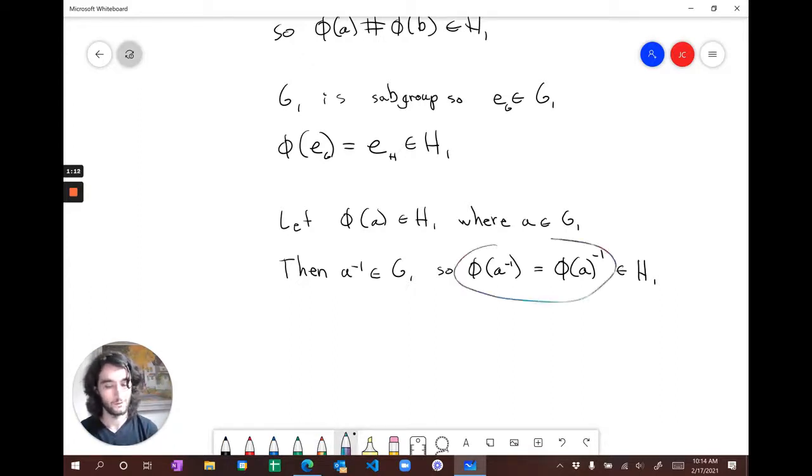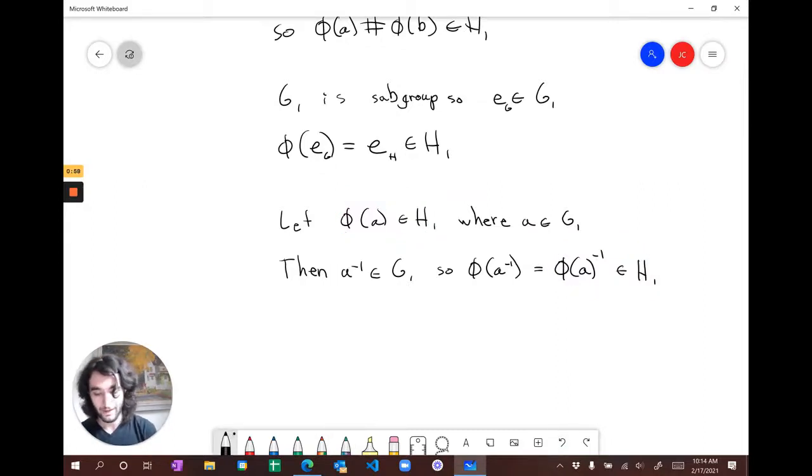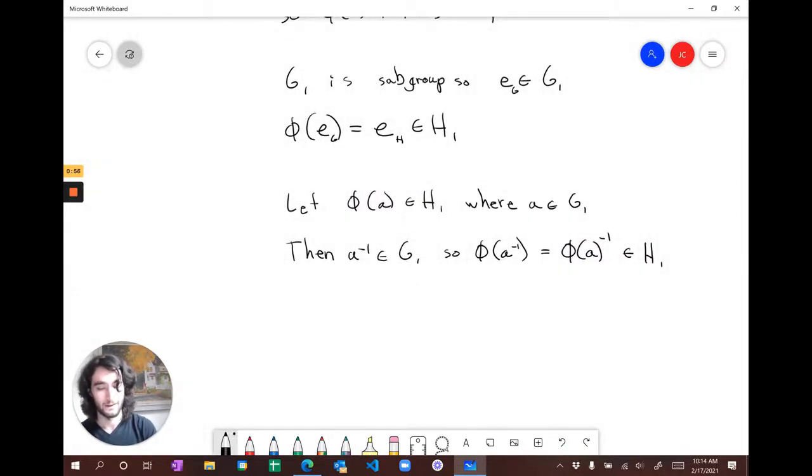That's part of being an isomorphism: inverses map to inverses. We started off with something in H1, and the inverse of that is also in H1. So we have shown that H1 is closed under multiplication, it contains the identity, and it's also closed under inverses.